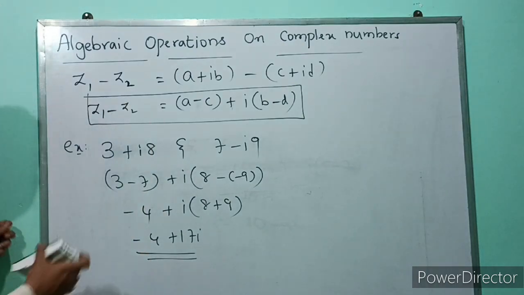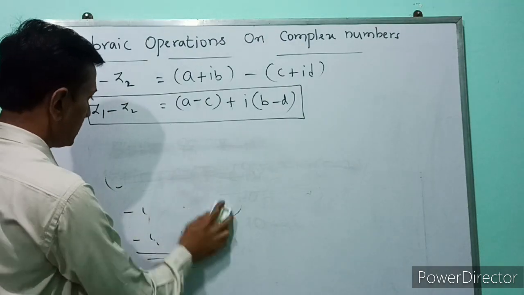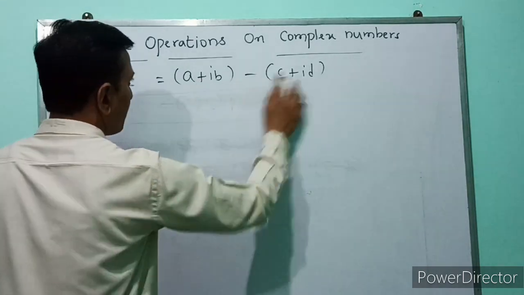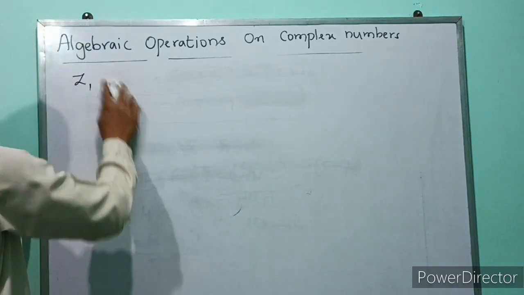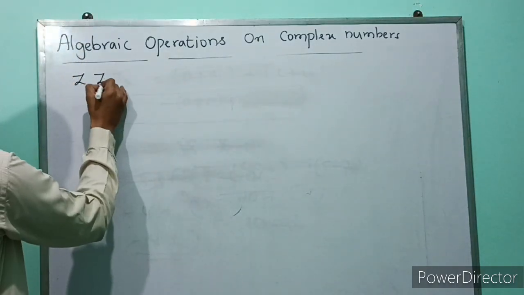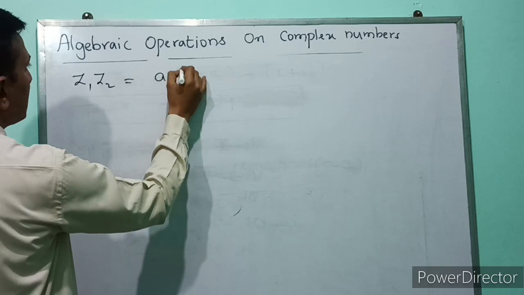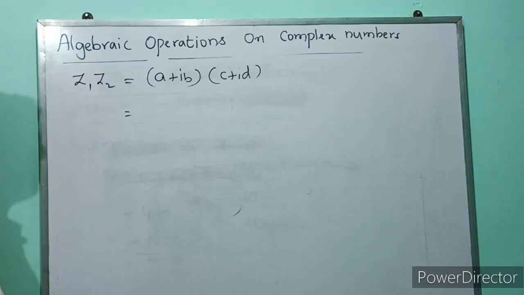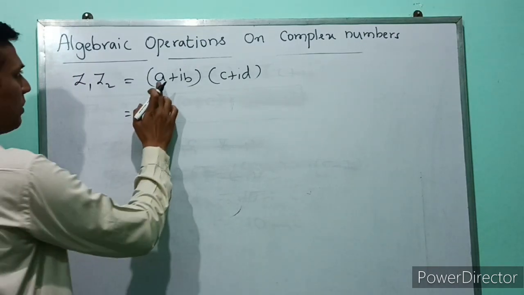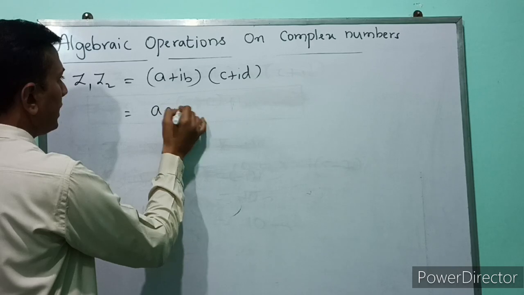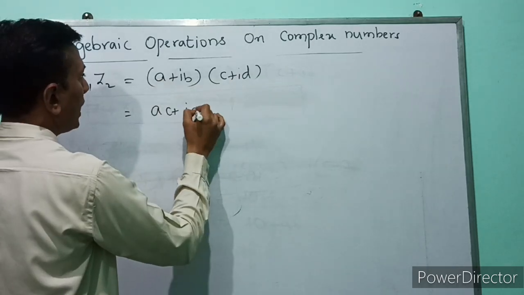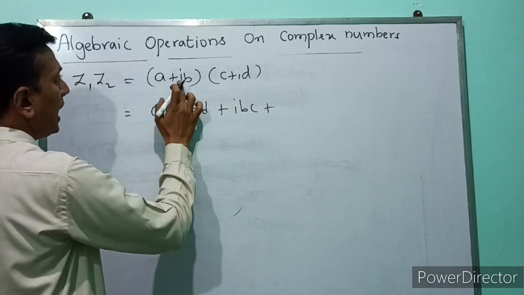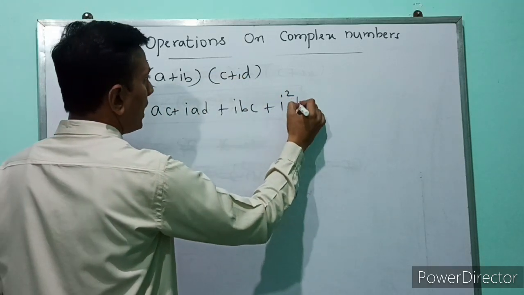Now take the product of Z1 and Z2, that means we are multiplying. Z1 times Z2 is (A plus iB) times (C plus iD). Using the distributive property, you multiply A into C, AC, A into iD, iAD, plus iB into C, iBC, plus iB into iD, i squared BD.